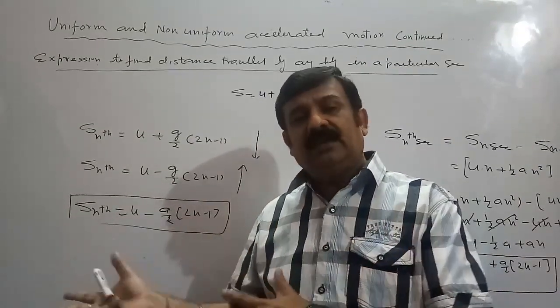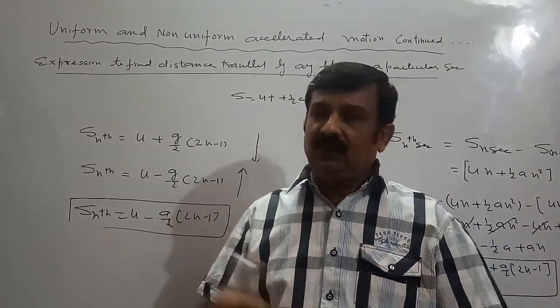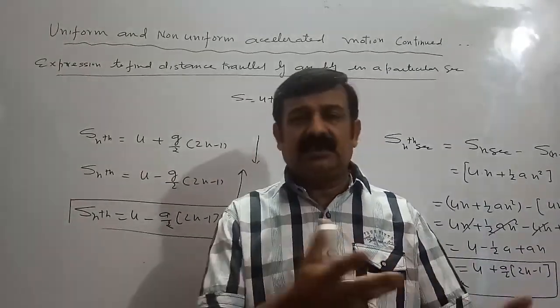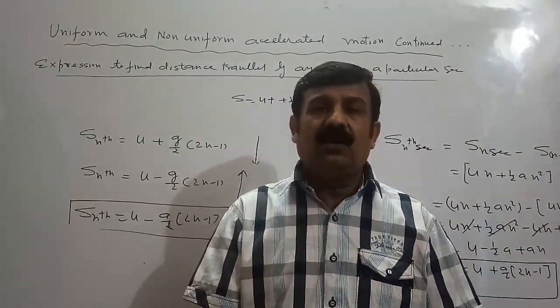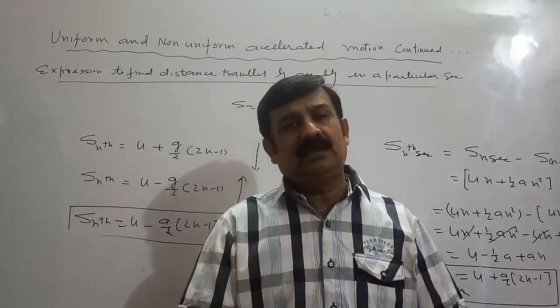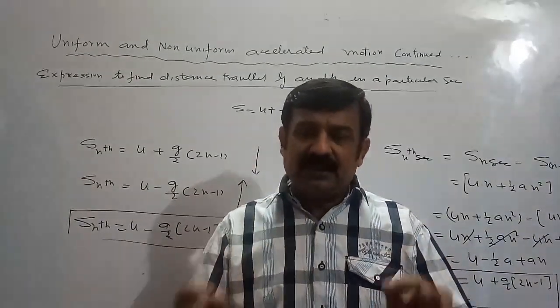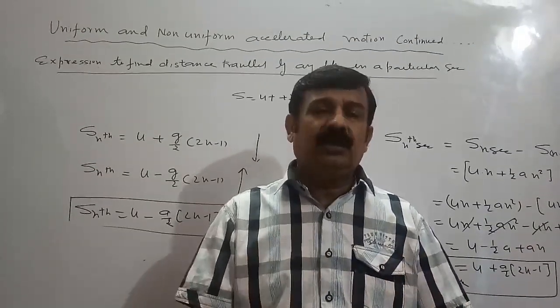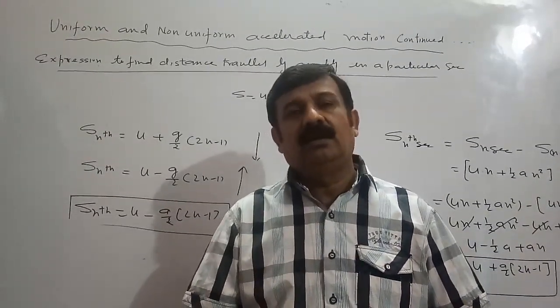The graphical method we have discussed already, and you have seen how using a graph we find velocity, acceleration, distance travelled and displacement. Now if a graph is not given to us, then how do we apply the calculus method to discuss non-uniform accelerated motion? That will be the topic of my next video.